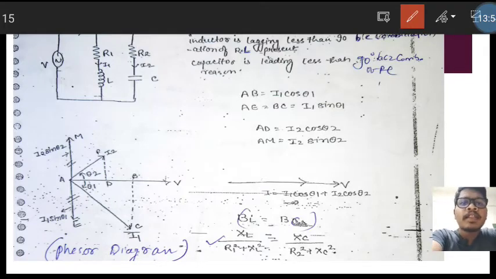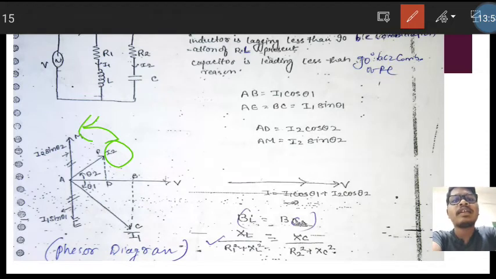If we take this I2 at exactly 90 degrees, then the component is I2 sin theta 2. Similarly, I1 is transferred to this side and multiplied by sin theta 1.